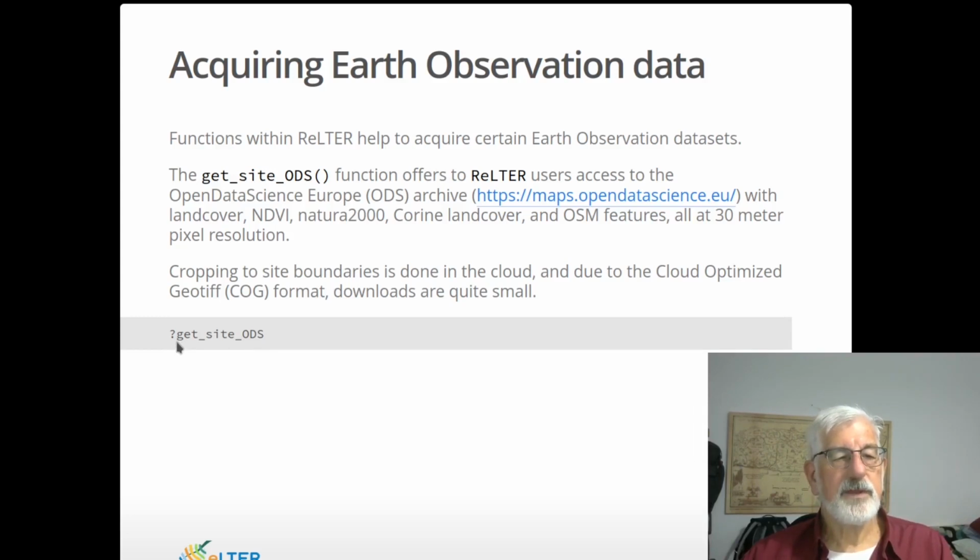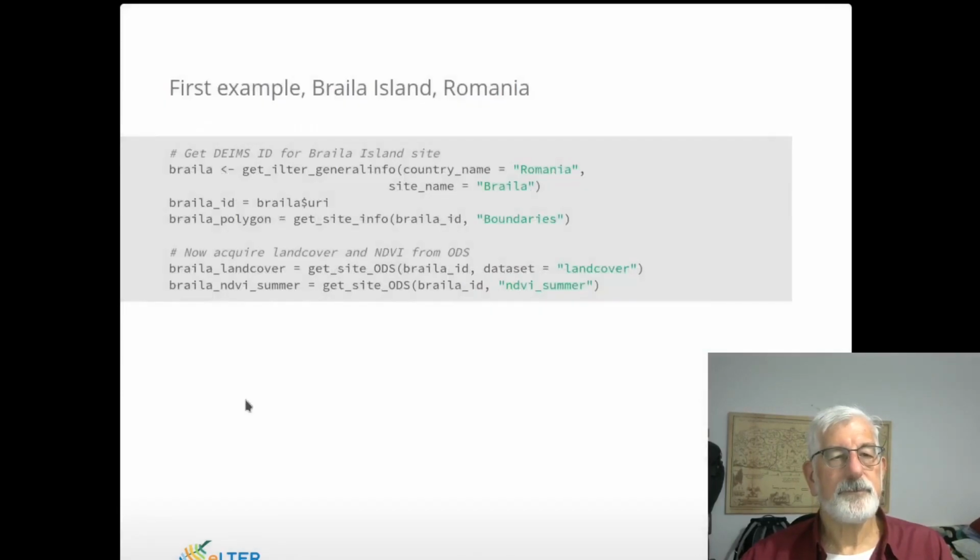And as before, we can see the help for the function with the question mark or F1. We'll try out this function with a site in Romania, the Braila Island site.